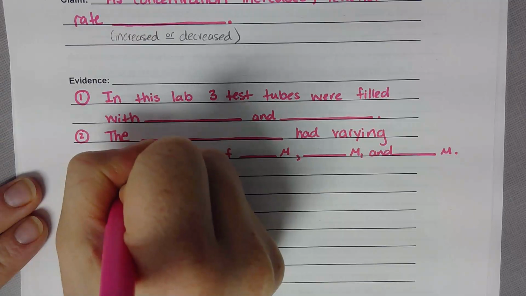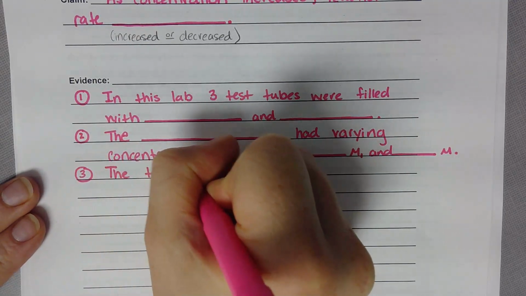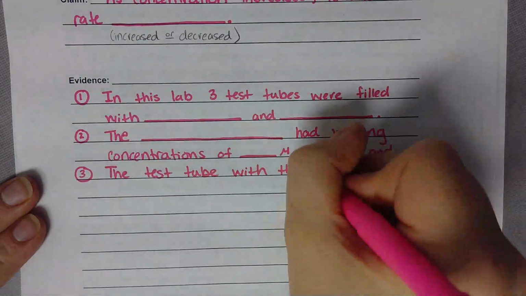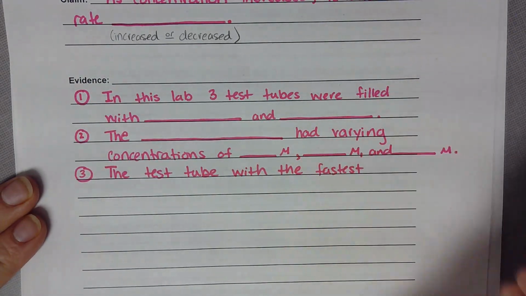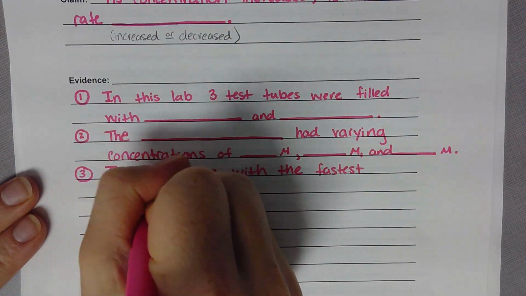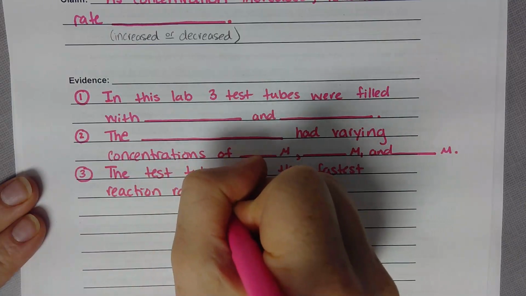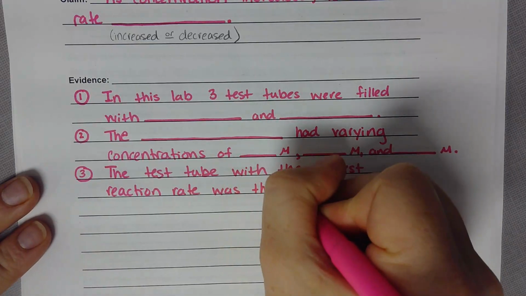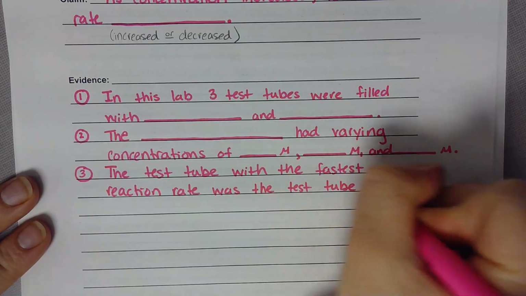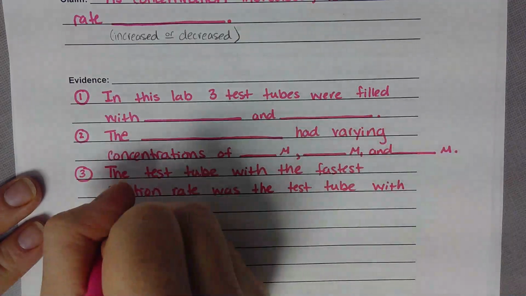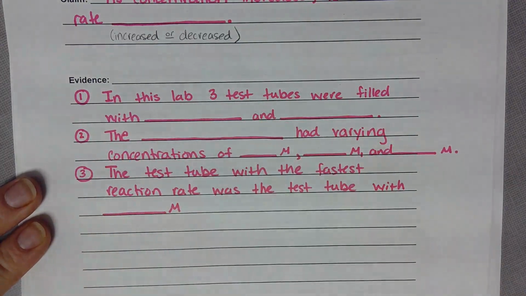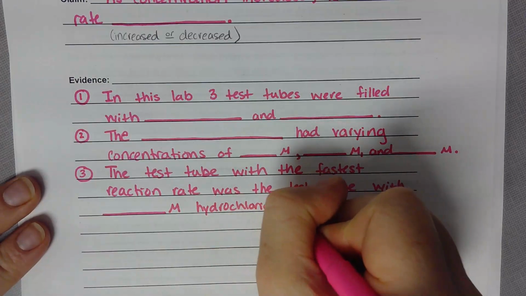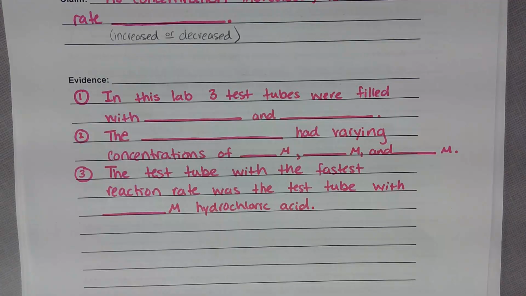So we're going to say the test tube with the fastest reaction rate was the test tube with blank molar hydrochloric acid. So find the number value.